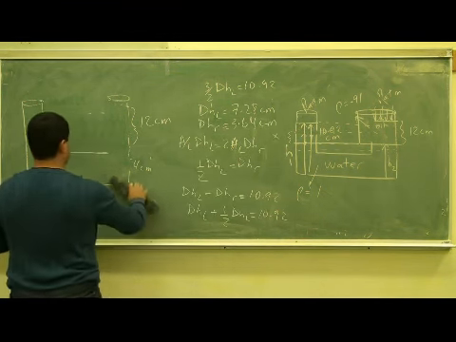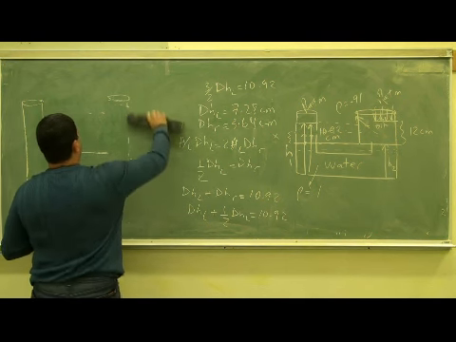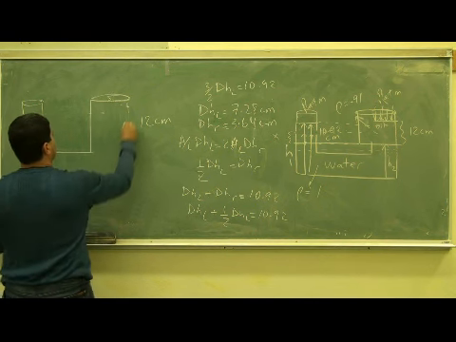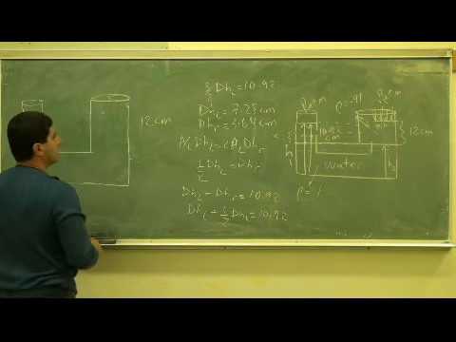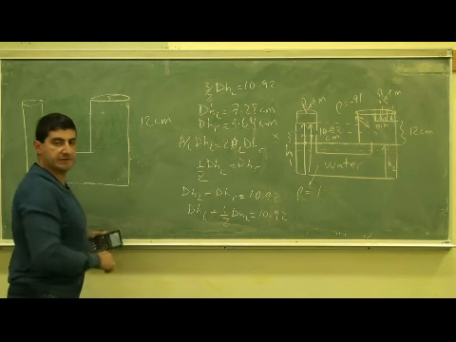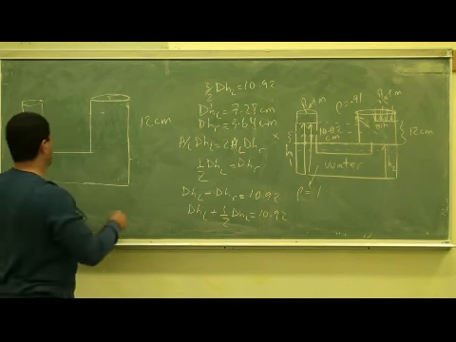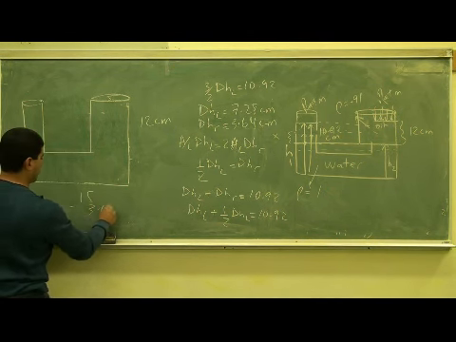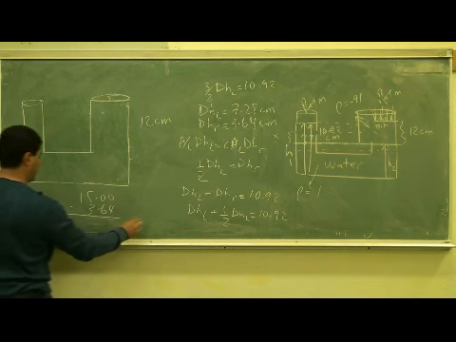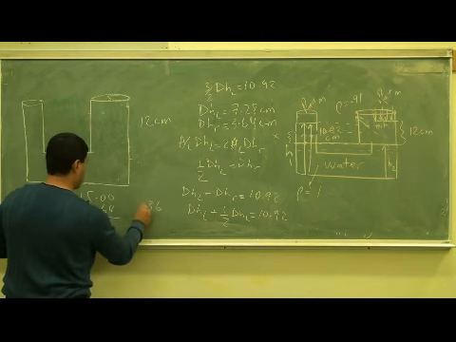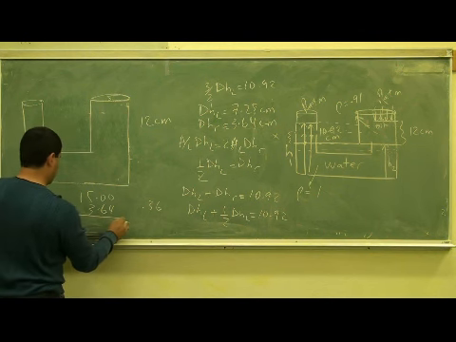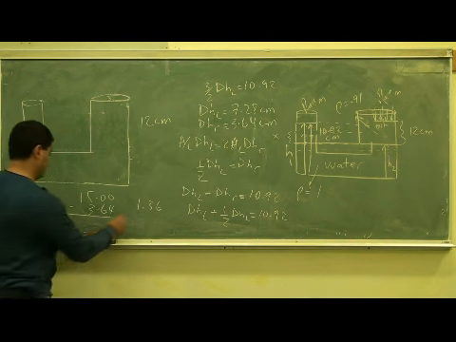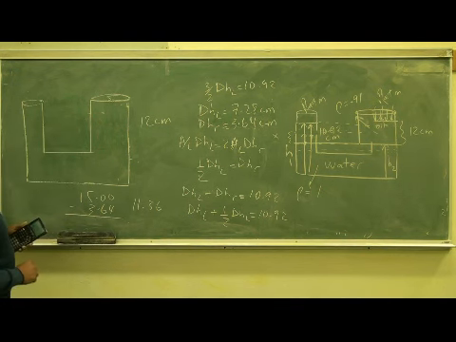So the new height is going to be, the original height was 15, right? So it goes down, 15 minus 3.64, and you have 11.36.